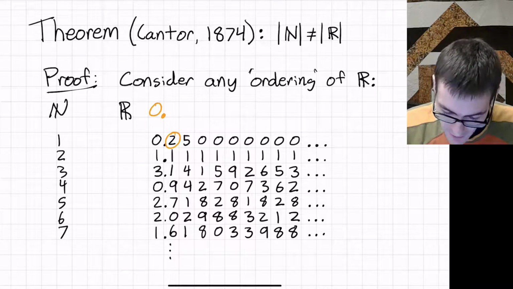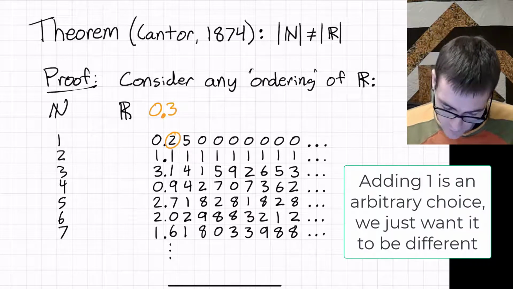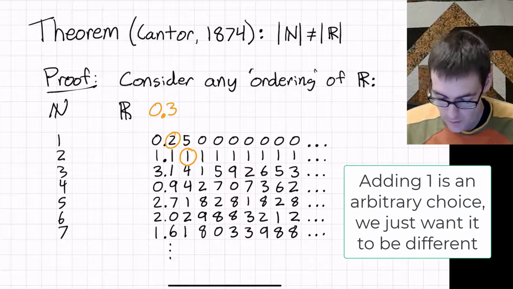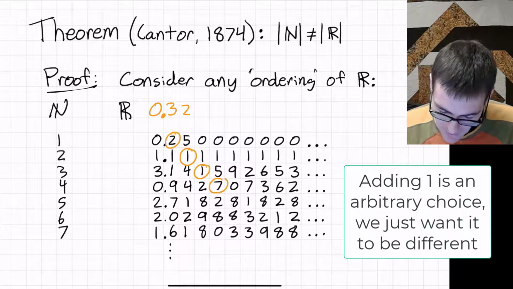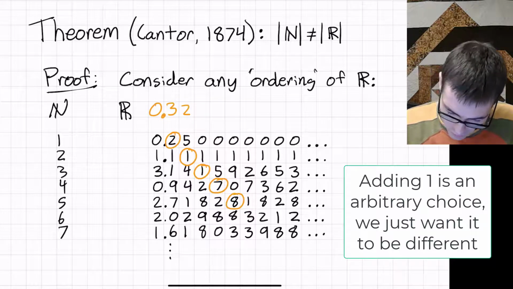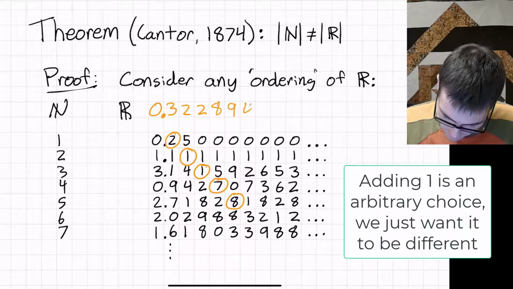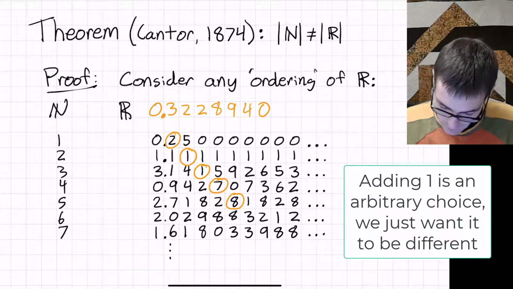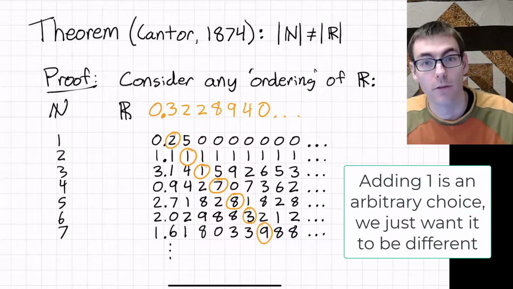So anything other than 2 works. Let's just add 1. We want our second digit to be something different than 1. Let's just keep adding 1, and we're going to move down this diagonal. So 0.3228940. Okay. And this continues on forever.